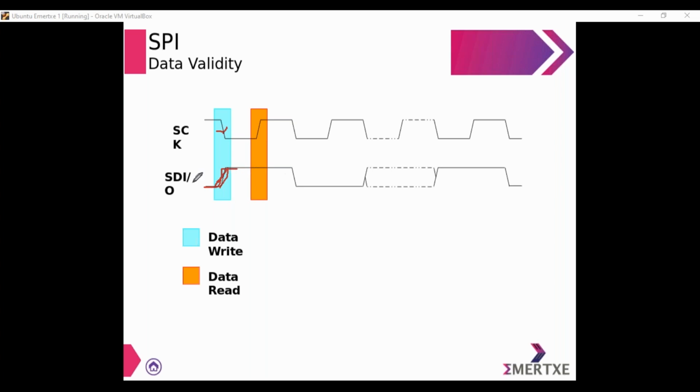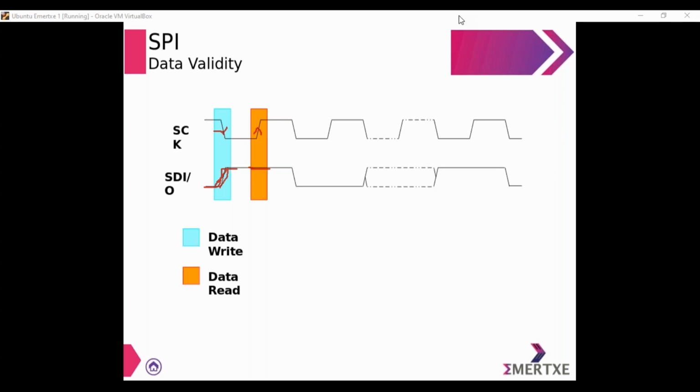If there is any data to be transmitted, whether by the master or the slave, data transmission always happens at the falling edge of the clock pulse. Similarly, data reception: you read the data at the rising edge of the clock pulse. That is why you don't see the change of data here. If there is a 0, 0 will be read. If 1 is transmitted, 1 will be received.